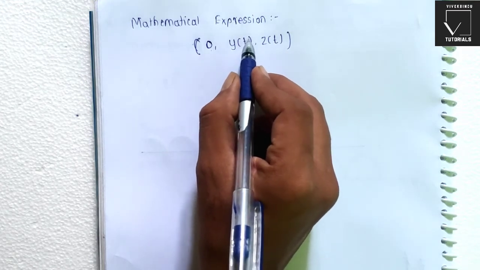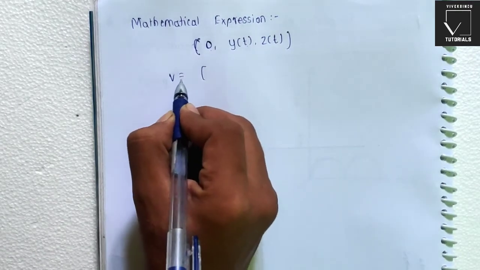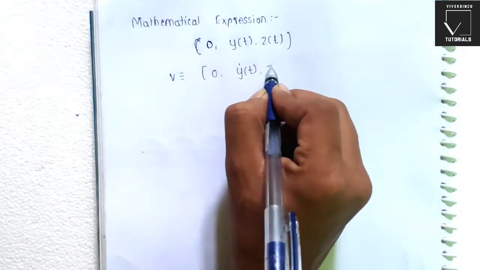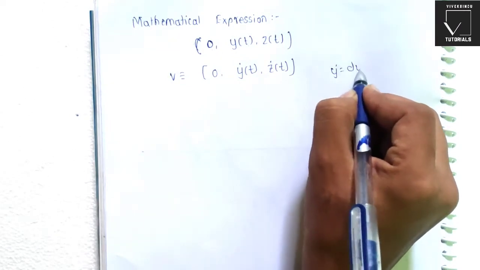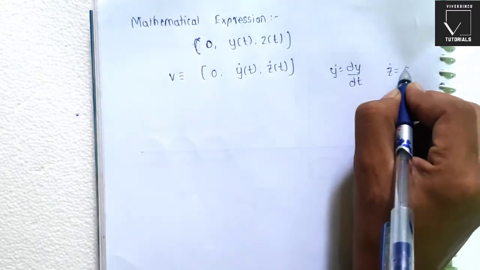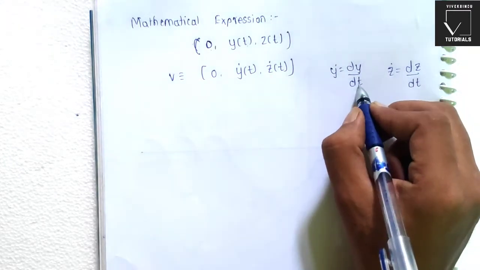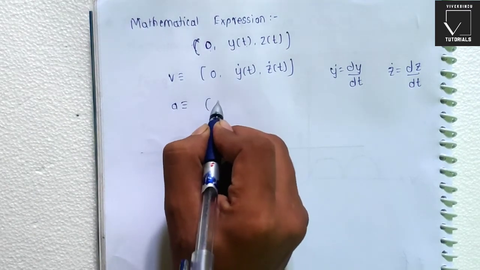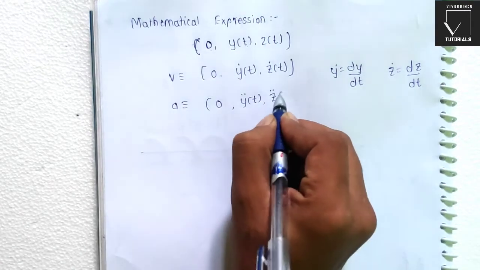Now velocity is given by velocity coordinates 0, y dash of t and z dash of t. Here y dash represents the derivative of y with respect to time, and z dash represents dz by dt. So this is the velocity along the y axis and the velocity along the z axis, and let's consider acceleration as 0, y double dash of t and z double dash of t.